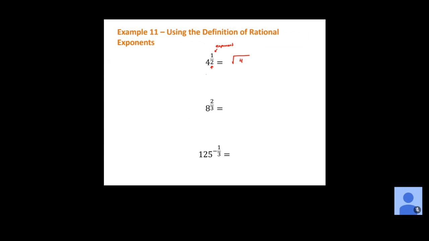And the denominator of that fraction is going to become the index. So now we have a 2 as our index, we have a 1 as our exponent, so we're taking the square root of 4. Well, the square root of 4 can actually be simplified now, and so that should just give us 2.